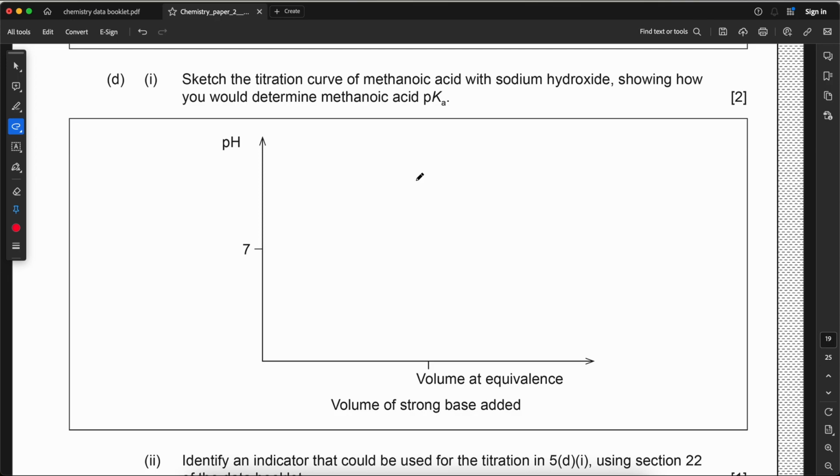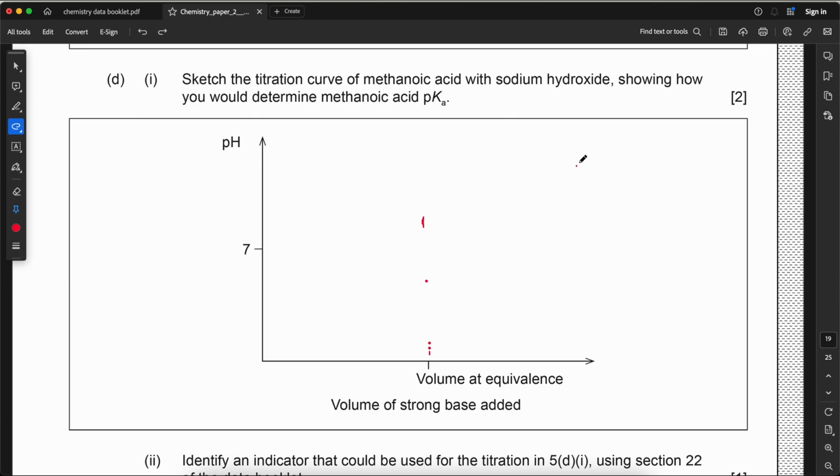Sketch the titration curve of methanoic acid with sodium hydroxide, showing how you would determine the methanoic acid pKa. Okay, pKa is at half of the equivalence point. This would be the equivalence point, so around this one, and because it's a strong base, that would be here.